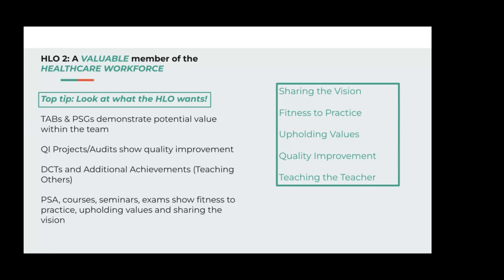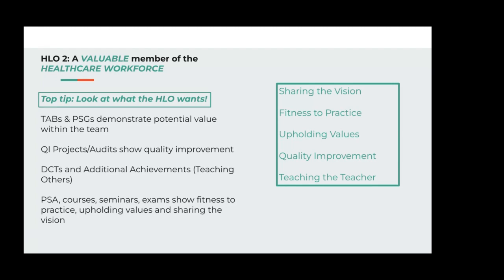The other thing is QI projects and audits show quality improvement within a department, which ultimately furthers the healthcare workforce. That department would get better, that would increase productivity, all the rest of it, which would then show value and make sure that you are a proficient member of the workforce.